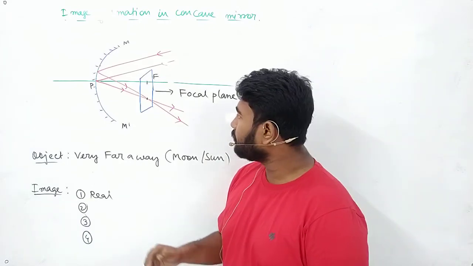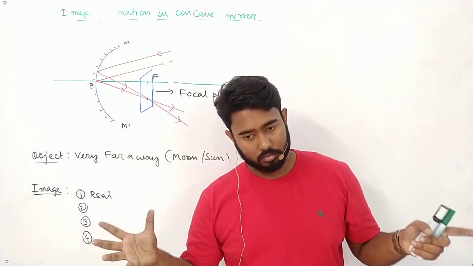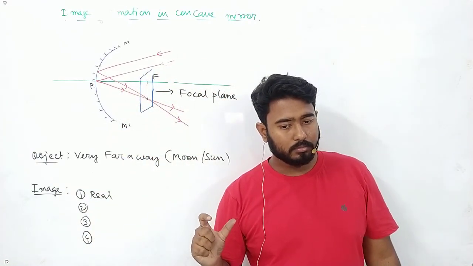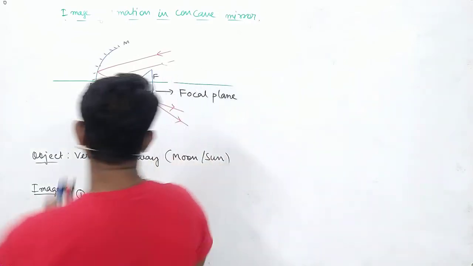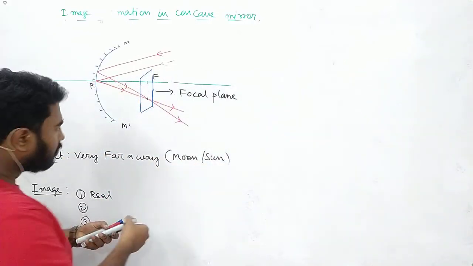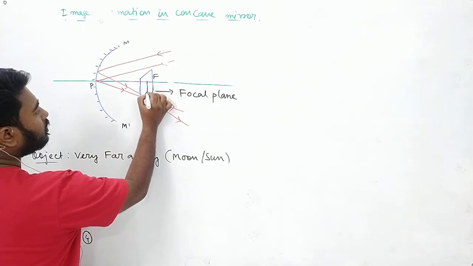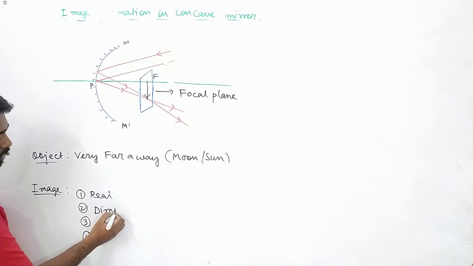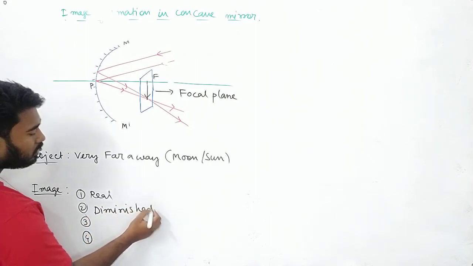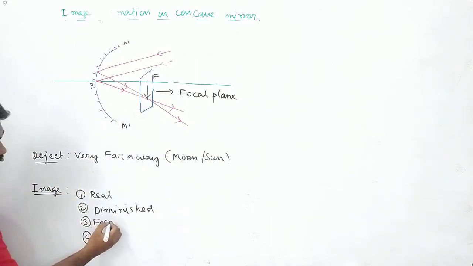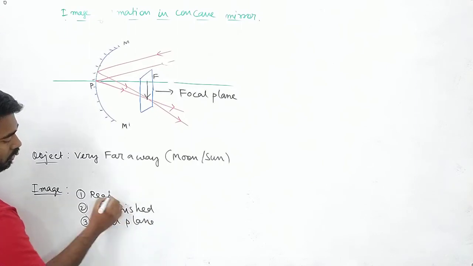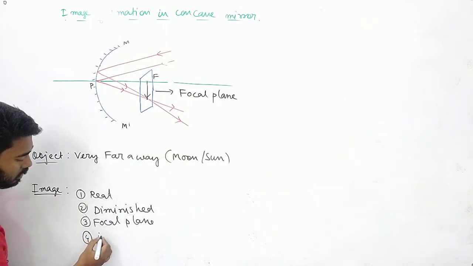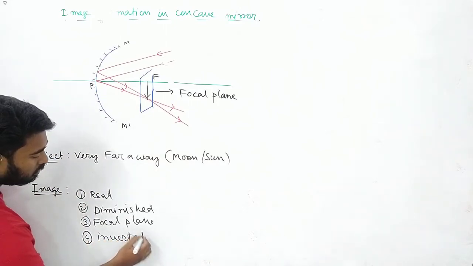Tell me, suppose the size of the moon and the size of this image, which one is less? This image is less. So it will not be diminished to a point but it will be diminished. So the image will be diminished. Where will the image be formed? It will be formed on the focal plane. Is the image inverted? Yes, the image is inverted. Is the idea clear?